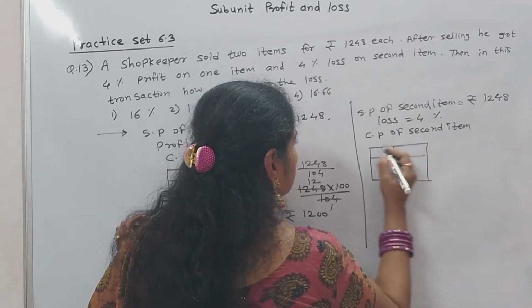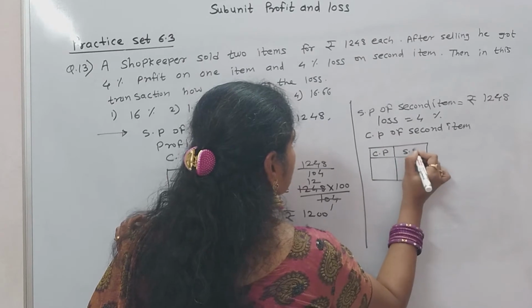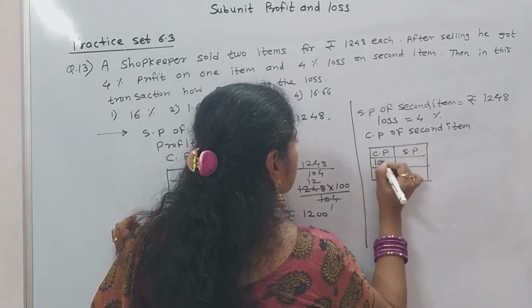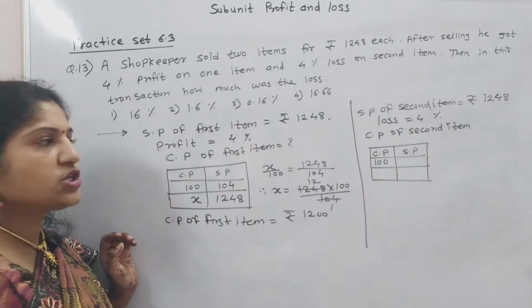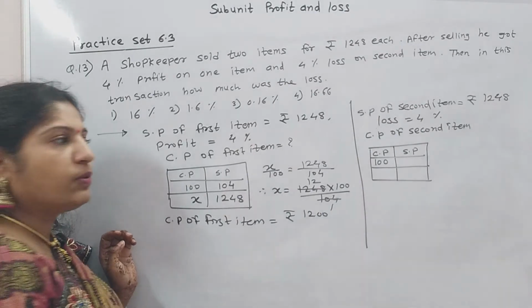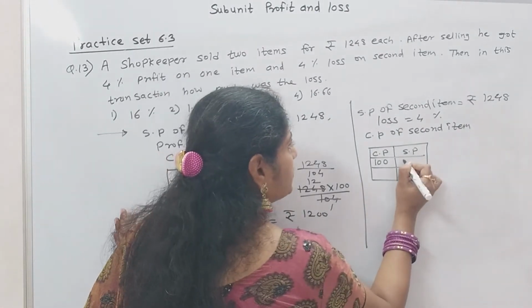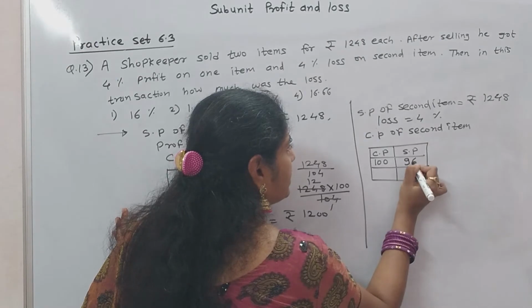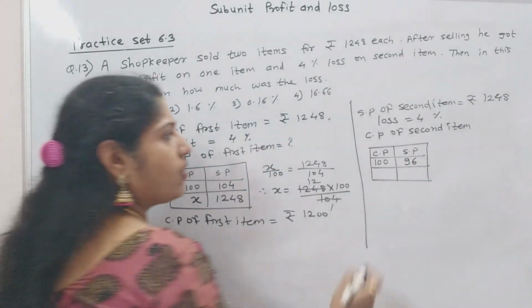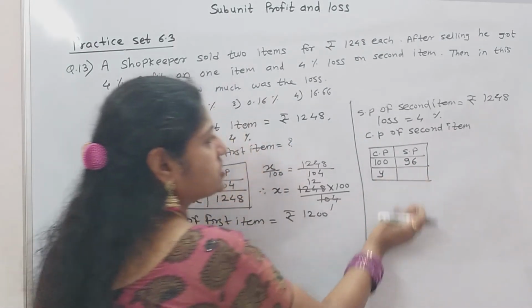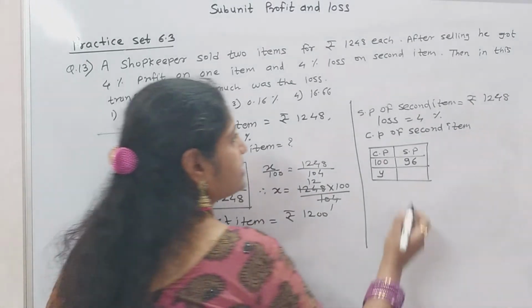Here is the cost price and here is the selling price. If 100 rupees is the cost price and there is a 4% loss, the selling price must be 100 minus 4, that is 96.